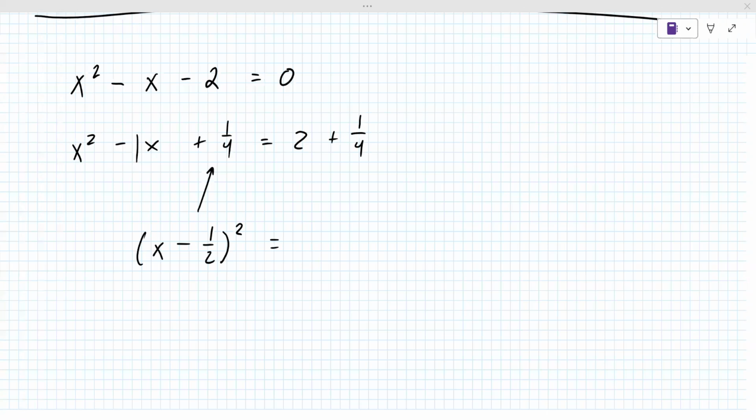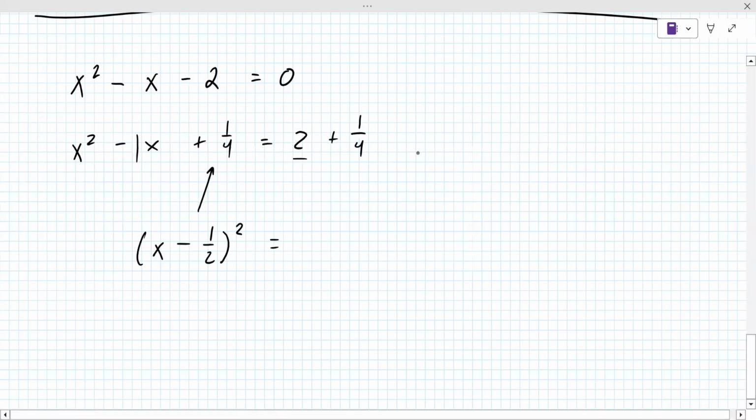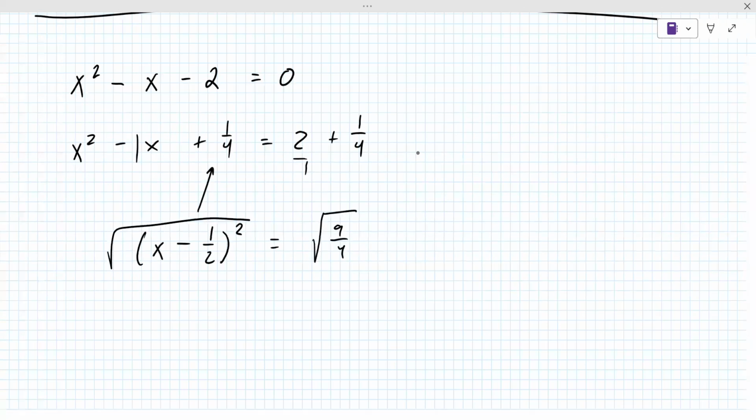That's another thing to consider. x minus 1/2 squared equals 2.25, and then you'll get 1.5 and negative 1/2. Are those your final answers? Yes. Okay, so this is the square root of, like you said, 9/4. So x minus 1/2 equals plus or minus 3/2.